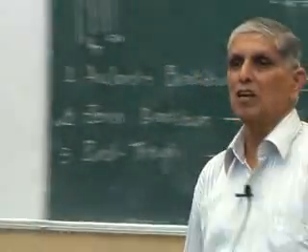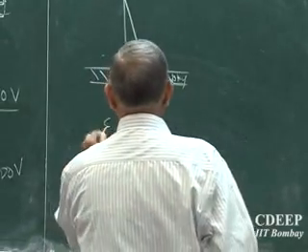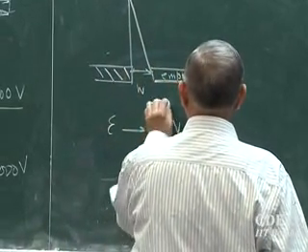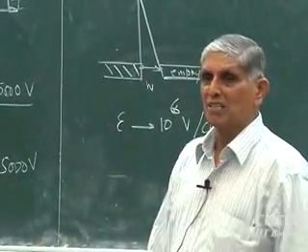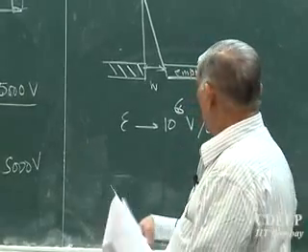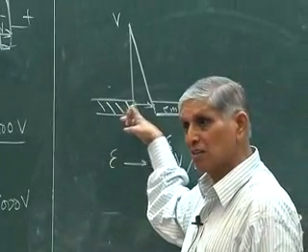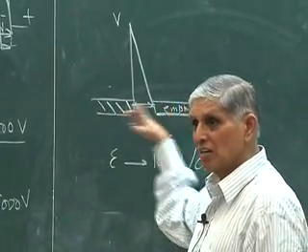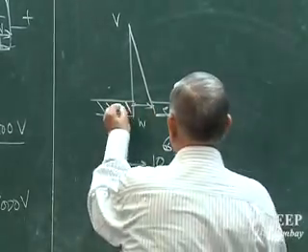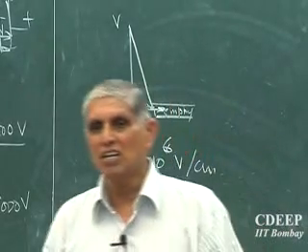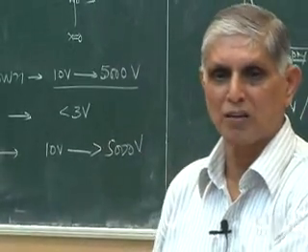So if the electric field rises substantially more than 10 to the power 4, around E tends to 10 to the power 6 volt per centimeter. Now according to quantum mechanics, what does it say? If an electron can occupy an empty state at the same energy, and the width here is very small, then an electron can directly go to the empty band and fill it, because probability says it can occupy even this side.